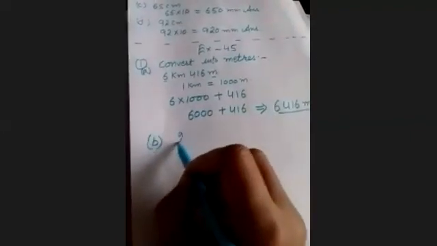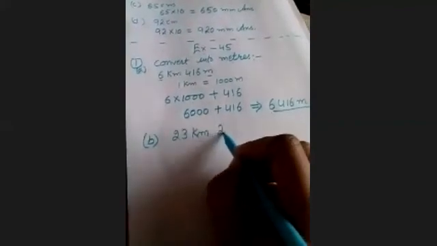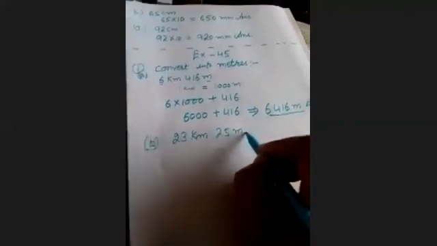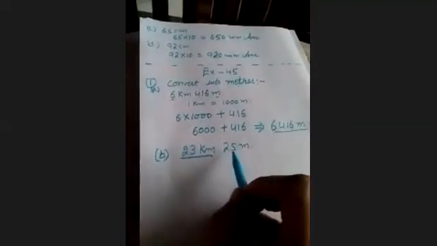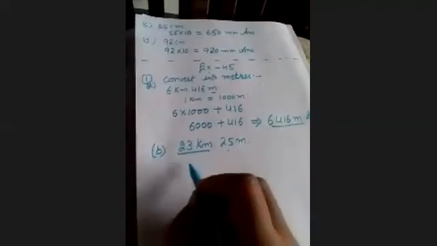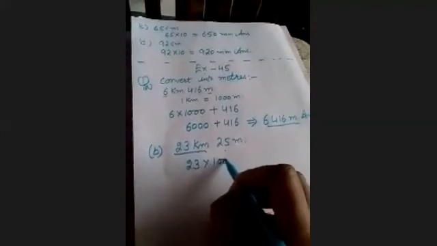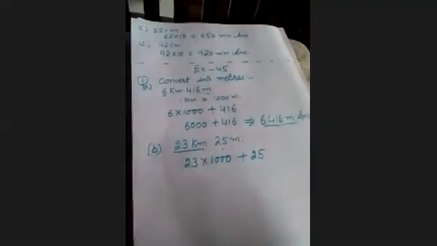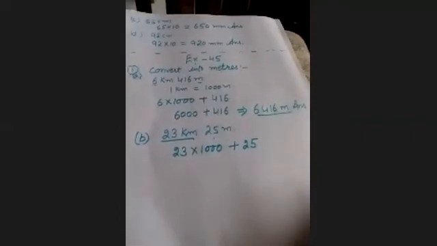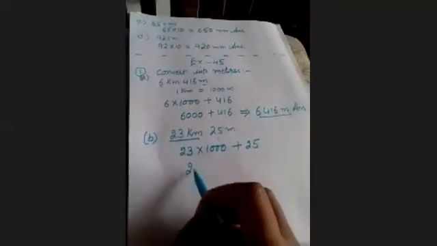Part B, 23 kilometer and 25 meter. Same, students, we'll convert 23 kilometer into meters, then add 25 as it is. 23 into 1000 plus 25. 23 into 1000, 23,000.